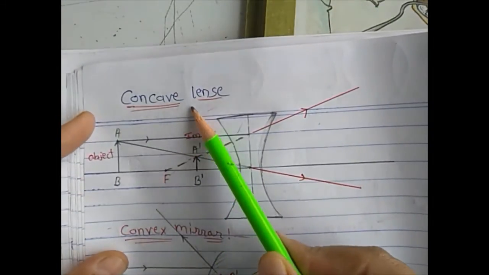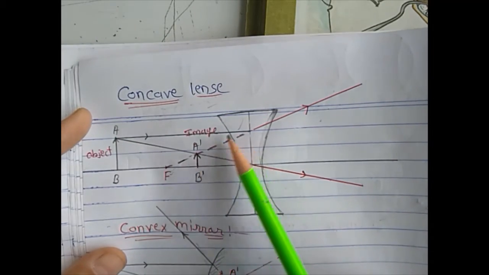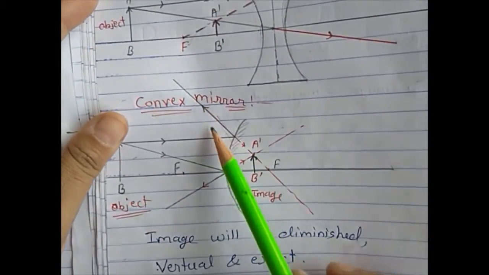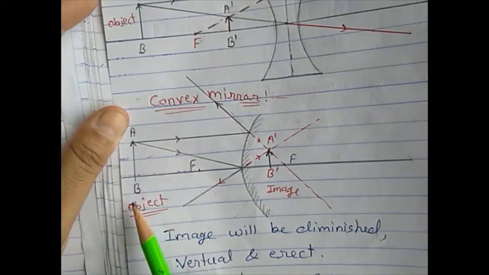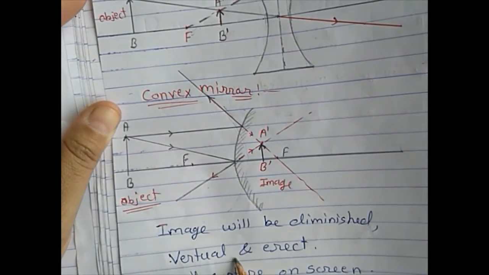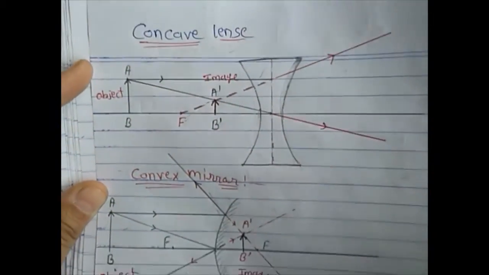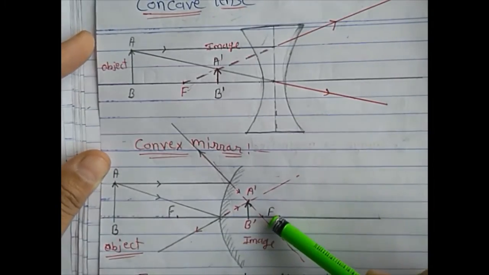In case of concave lens, images form virtual and erect. And the same in case of convex mirror, images form also virtual and erect. Okay, so in both cases same type of image we get.